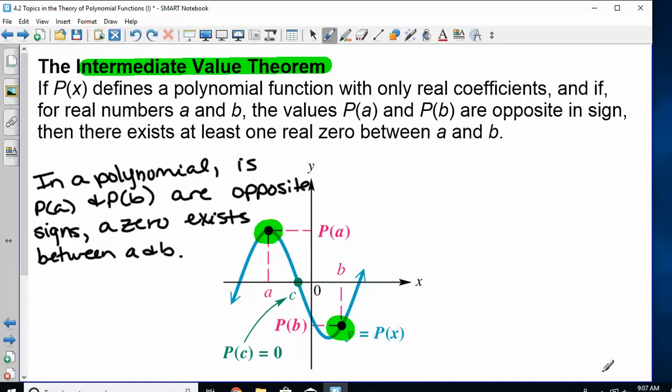You can draw yourself a little picture, but essentially if I know that I have a positive and a negative y value, since a polynomial is continuous, somewhere in between my function does equal 0.